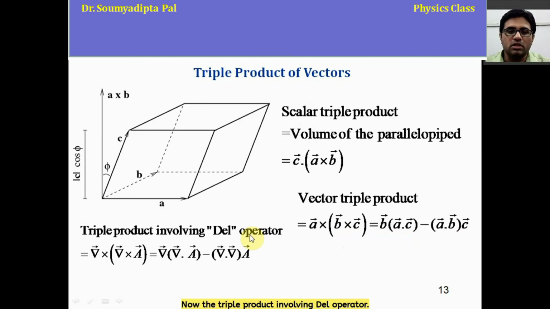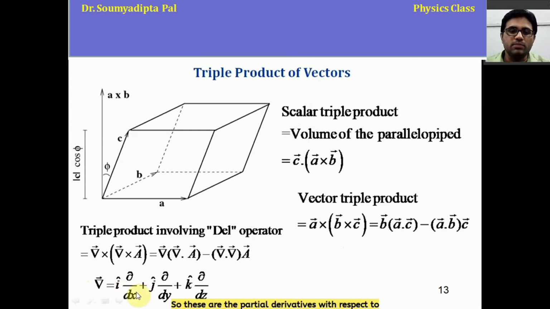Now the triple product involving the del operator. Here this is called the del operator, and the form of the del operator is like this. These are the partial derivatives with respect to x, y and z, so this is basically a differential operator. Now del cross A, this form will be similar to this.